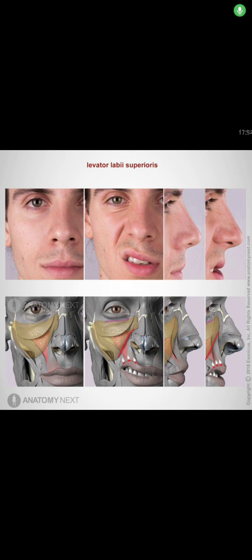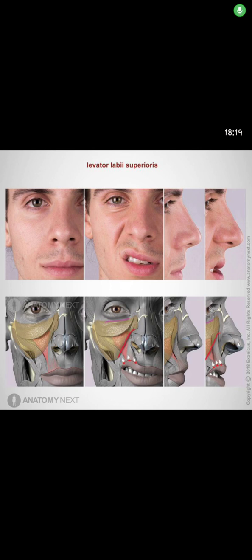So, levator means lift, labii means lip, superioris means upper. So this is lifting the upper lip. You can see this man's stank face here from him lifting the upper lip. And you can see the quadrilateral shape of this muscle that lifts the upper lip.